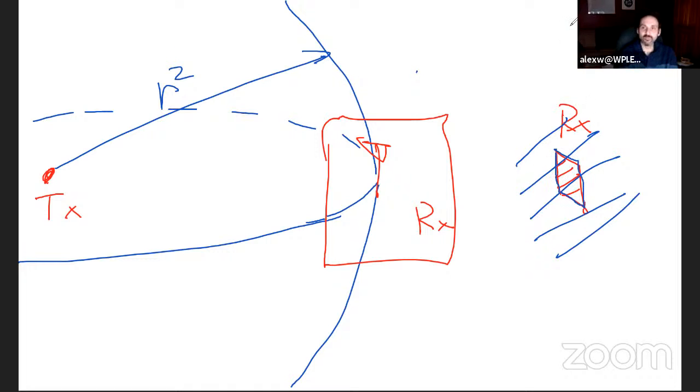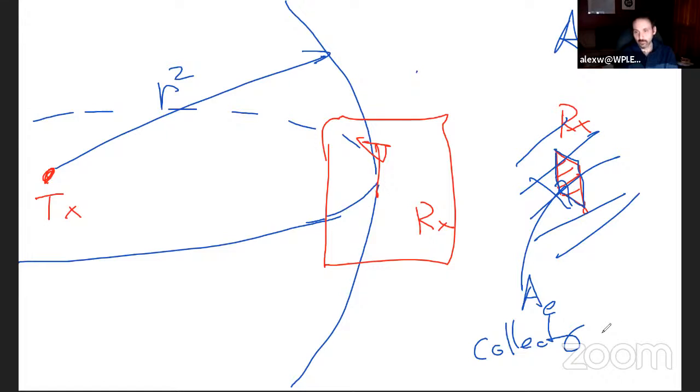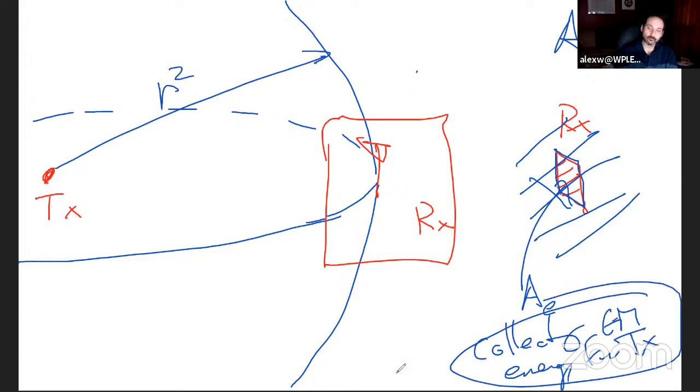So when I was talking about effective area, I'm effectively referring to something like that. That is the area that I'm collecting, EM energy from TX. That's what I'm talking about.